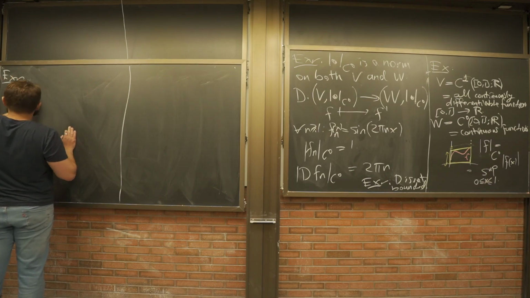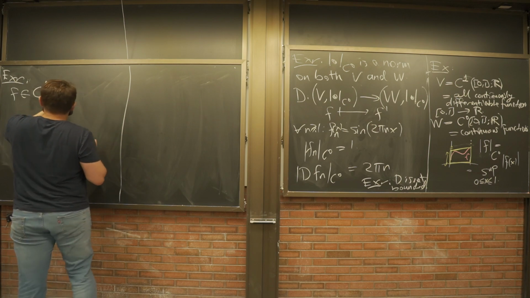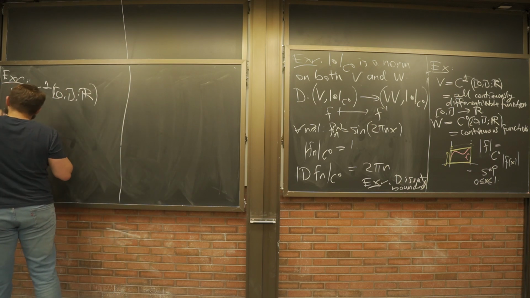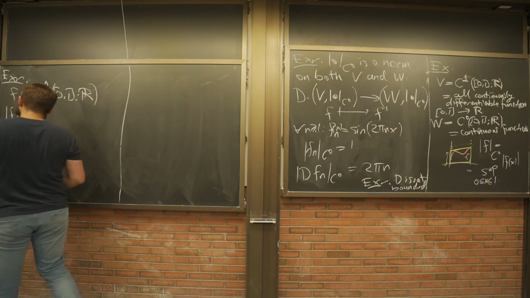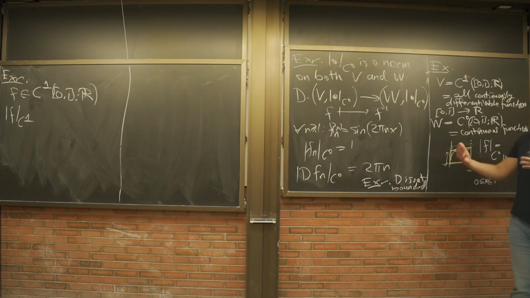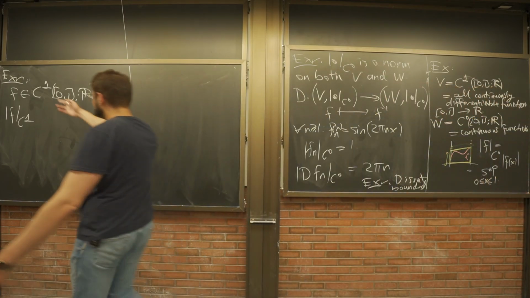If f is in C1, let's define the C1 norm of f to be the C0 norm of f plus the C0 norm of f prime. I know that f prime exists.